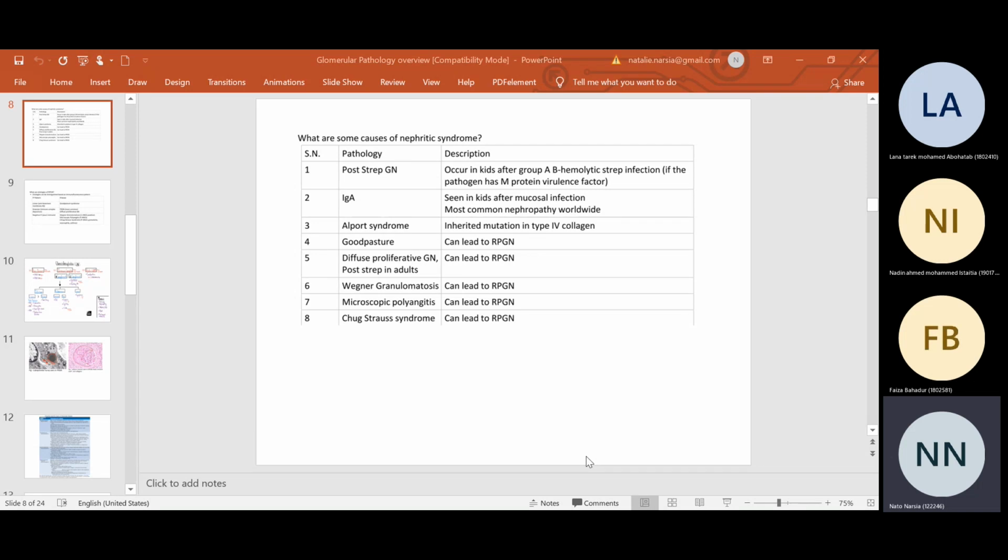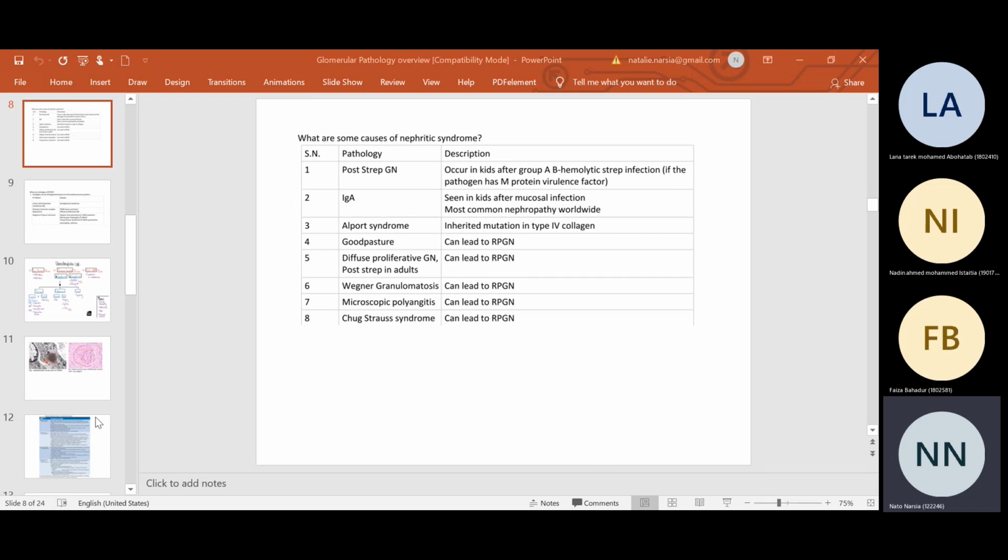But what is the difference? In children, it is treatable and has a very good response. But in adults, it does not have a good response. That is important to know.